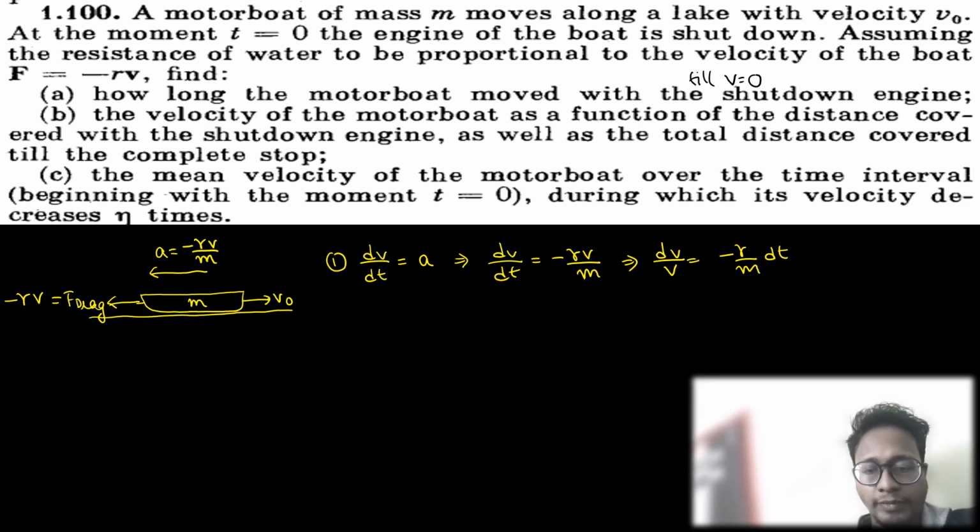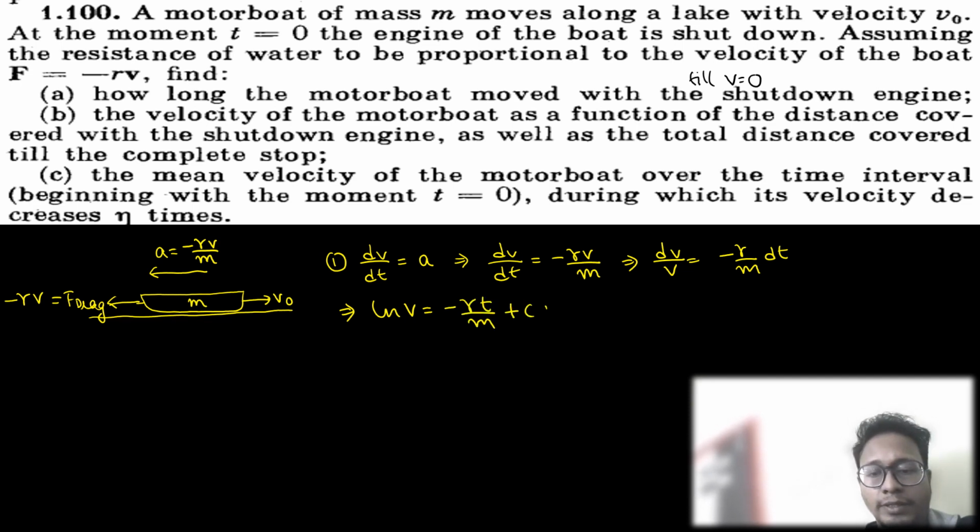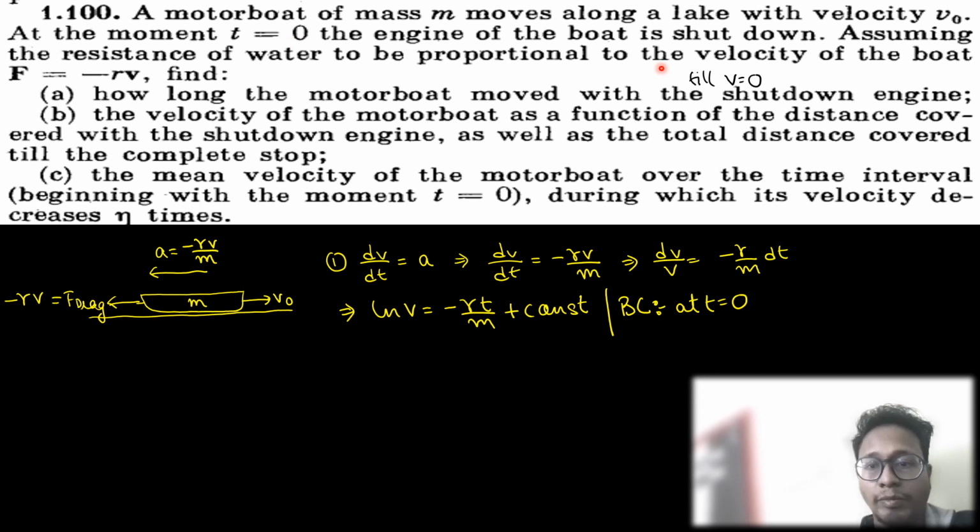Now see, if I integrate this, it will give ln v is equal to minus rt by m plus some constant. In order to find the value of the constant, we need a boundary condition. The first boundary condition is at t is equal to 0. At t is equal to 0, the velocity of the boat was v0.